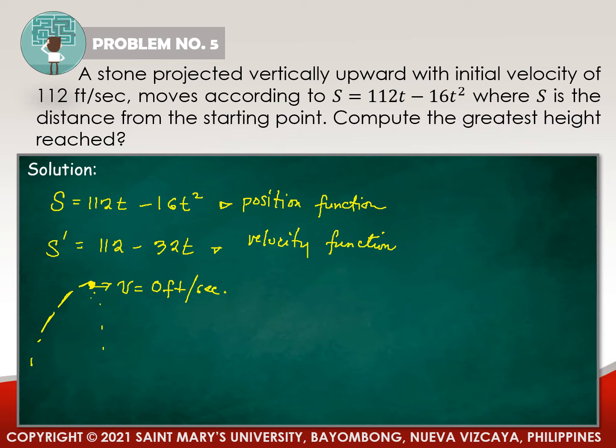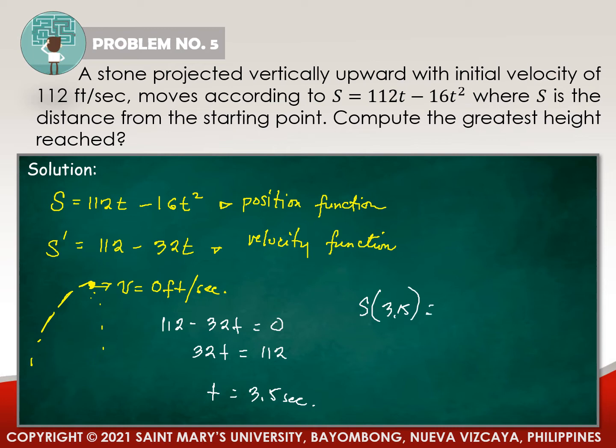So we have 112 minus 32t equals 0. So therefore, 32t is equal to 112. Solving for t, 112 divided by 32 is equal to 7 over 2, which is 3.5 seconds. So at 3.5 seconds, the stone reaches its greatest height.